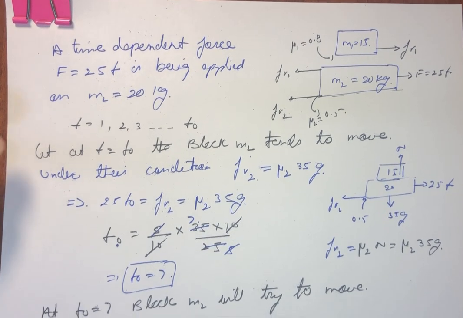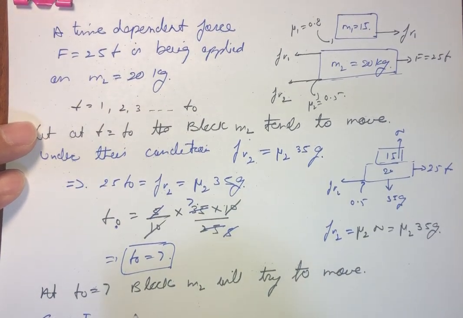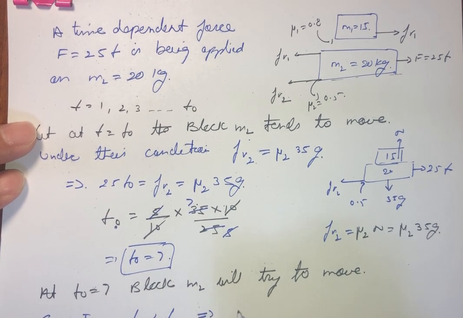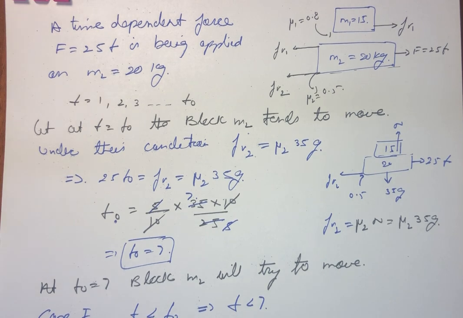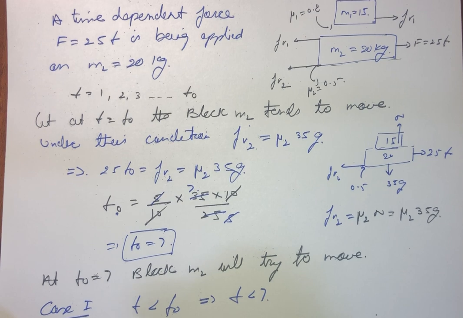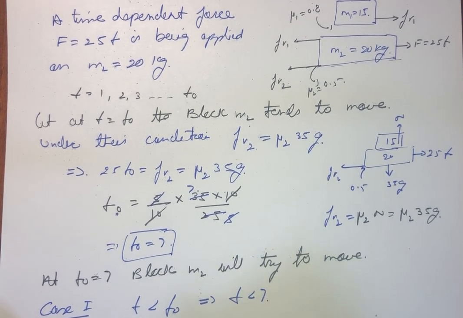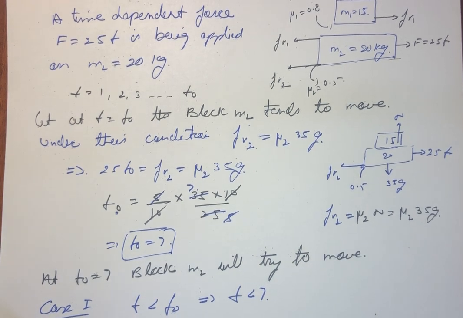In the first case, case 1, when the value of T is less than T0, basically meaning T is less than 7, FR2 will be equal to 25T, which basically means as time increases, FR2 is also going to increase in the same proportion.